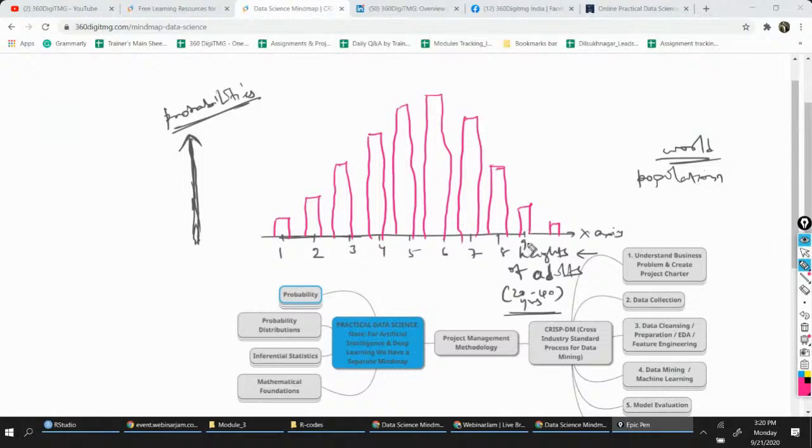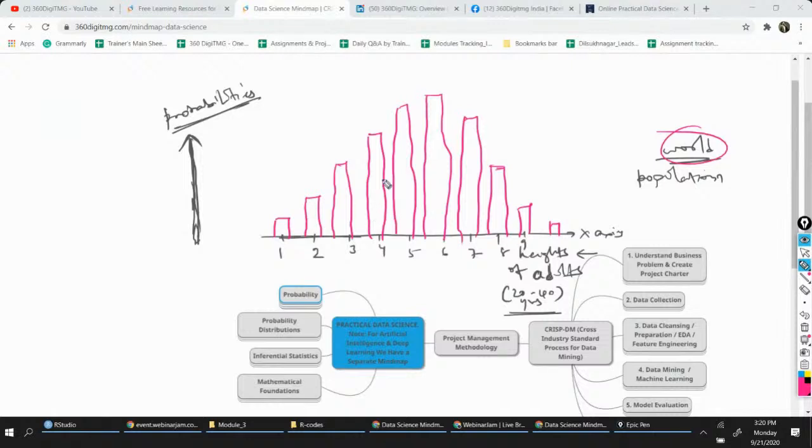Right? If I look into the entire world's population, and if I theoretically look at the probabilities of finding people who are respectively falling in these heights, then this is what I get, right? These are the bars that I'm going to get.